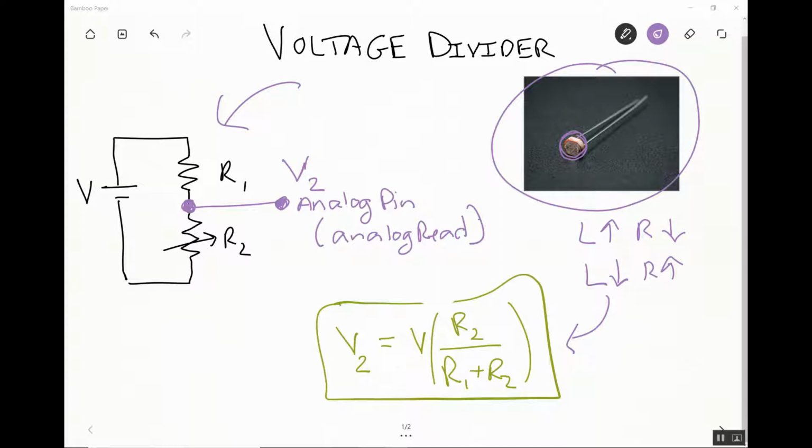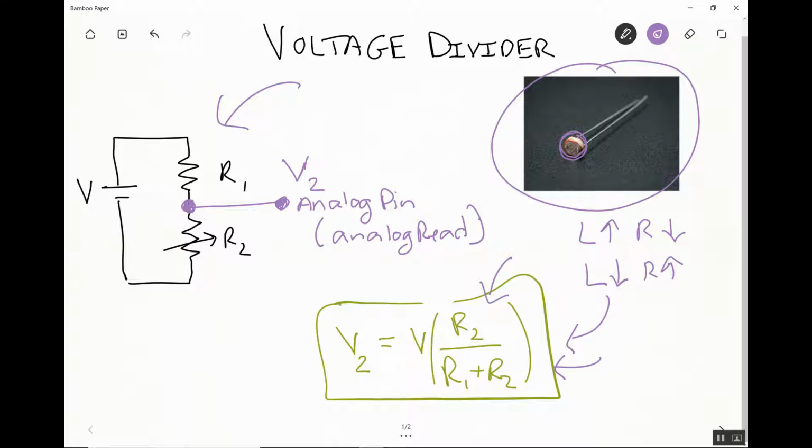Okay, you ready? So here's what happens. If you look at this equation algebraically, if R2 is really, really big, then R1 doesn't matter as much. And this ratio right here, R2 over R1 plus R2, gets closer to 1.